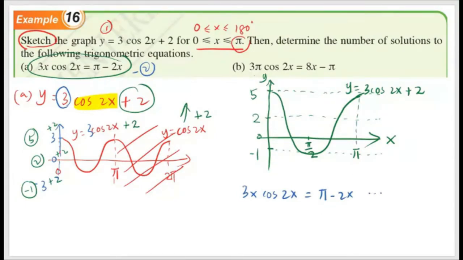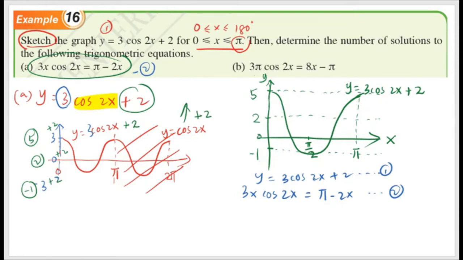The first equation is y equal to 3 cos 2x plus 2. We have to change it because the second equation doesn't have the unknown y, right? So we have to make the second equation with unknown y. How? We have to substitute from the first into the second equation.